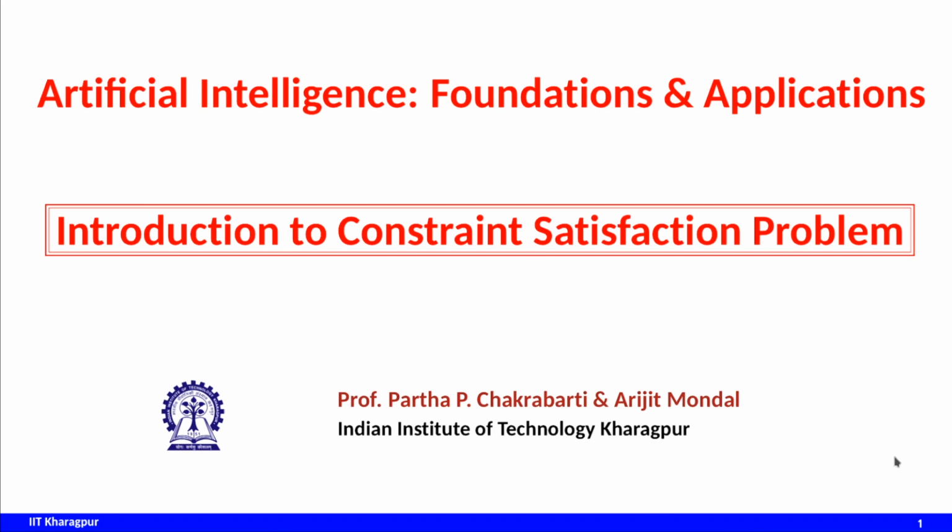So there are a set of problems which have a similar nature, and those problems can be addressed in a similar structure. Earlier we have seen that search technique can be used to solve the problem optimally, or any kind of satisfaction problem can be solved using search technique, but that's a kind of a generic one.